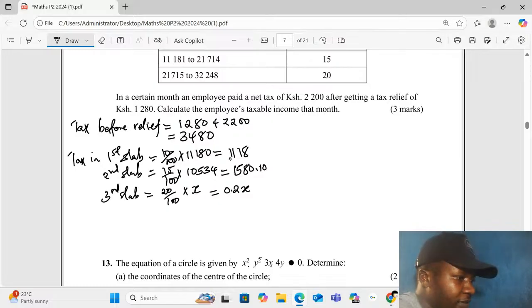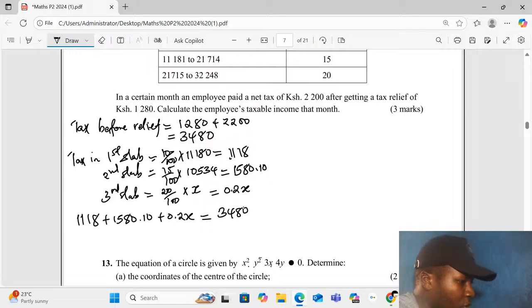So we start with the first one, that is 1118 plus 1580.10, then plus 0.2x will give us 3481.9, the amount before the relief. So we look for the value of x now.